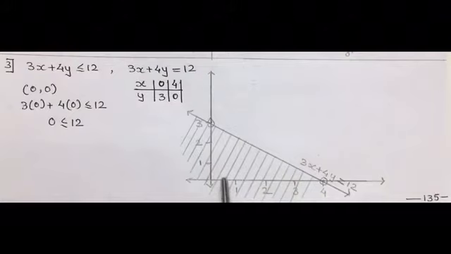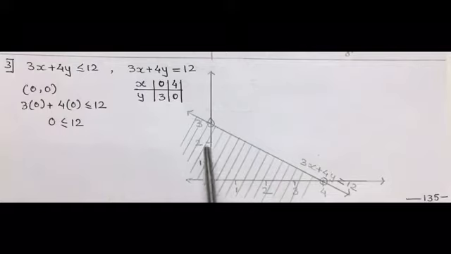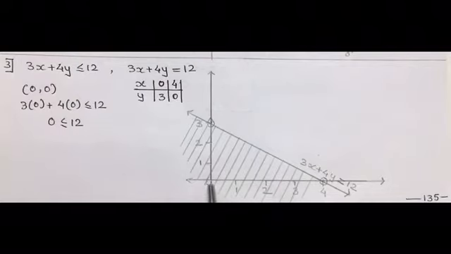As 0 less than or equal to 12 is true, that means it satisfies the inequality. Therefore, the side towards 0, 0 is to be shaded. So 0, 0 lies here, and from this line, this side is to be shaded for the solution of the inequality.